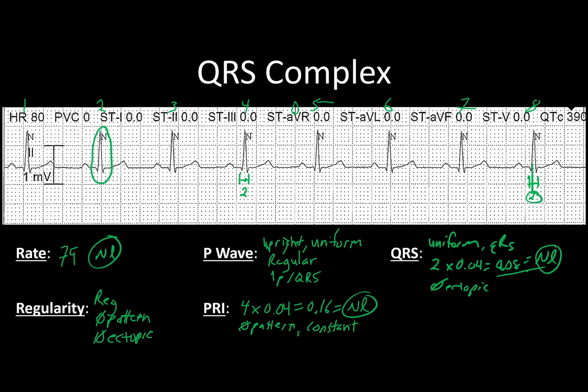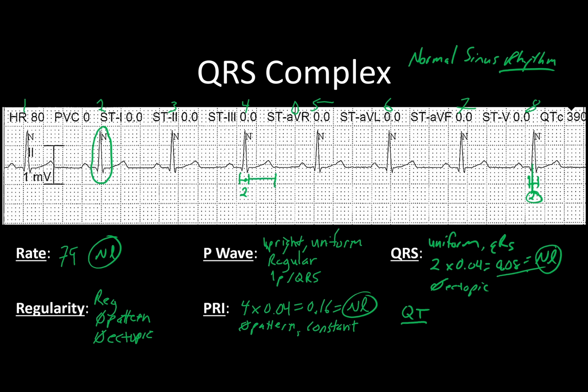So that all together says that this patient has normal sinus rhythm. Last but not least, let's measure the QT just to practice that a little bit. The QT will be from the start of a QRS, which I've actually got one marked here, all the way to the end of a T wave, which I can say is right about here.